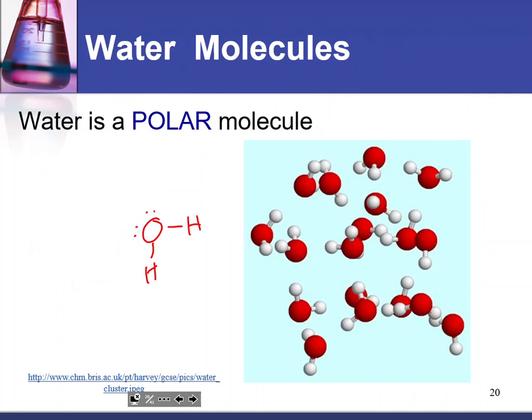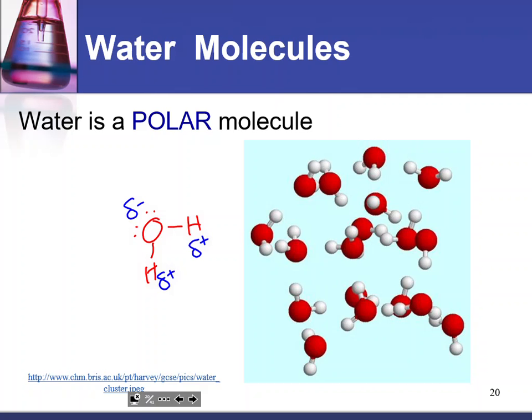If you remember, water here is a bent-shaped molecule. But the side over here by the hydrogens is partially positive because the electrons don't spend as much time around there. The oxygen side is partially negative. And that's why we use the little delta symbol there to show that it's a partial charge.